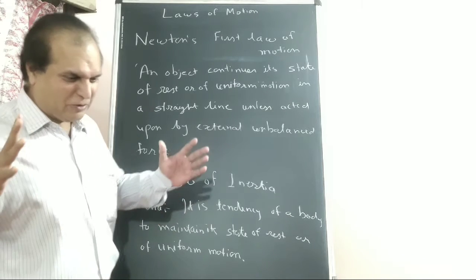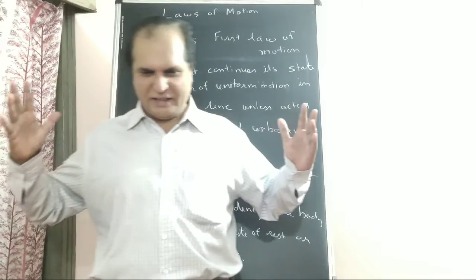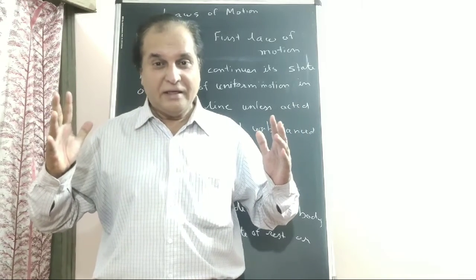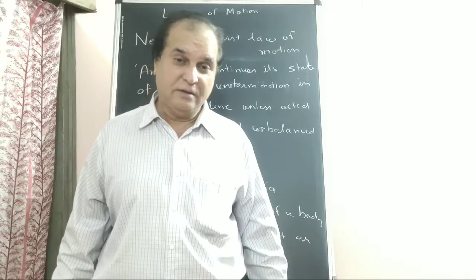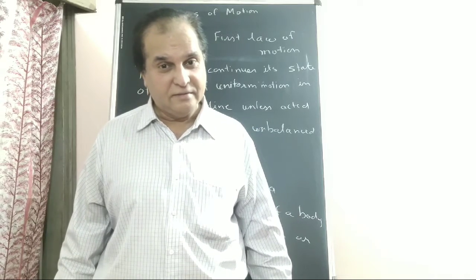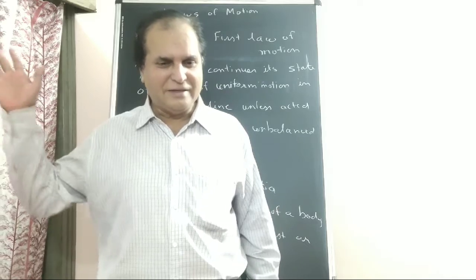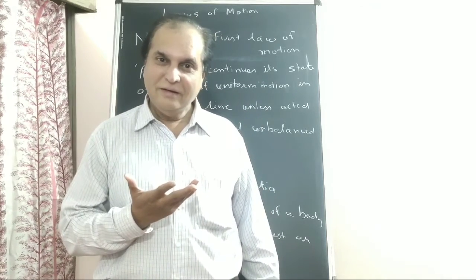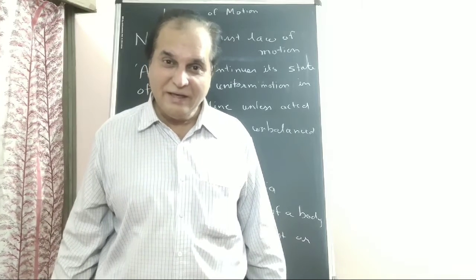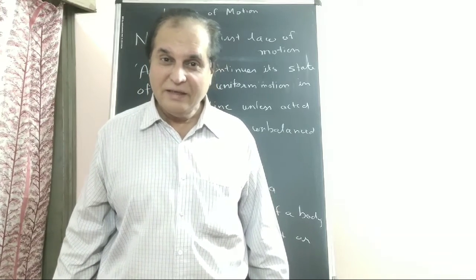Balanced force, 10 Newton from this side, 10 Newton from this side, they can deform the object. They cannot produce motion, cannot produce acceleration. Understanding? Unbalanced, you throw a ball, motion with acceleration. Understanding?